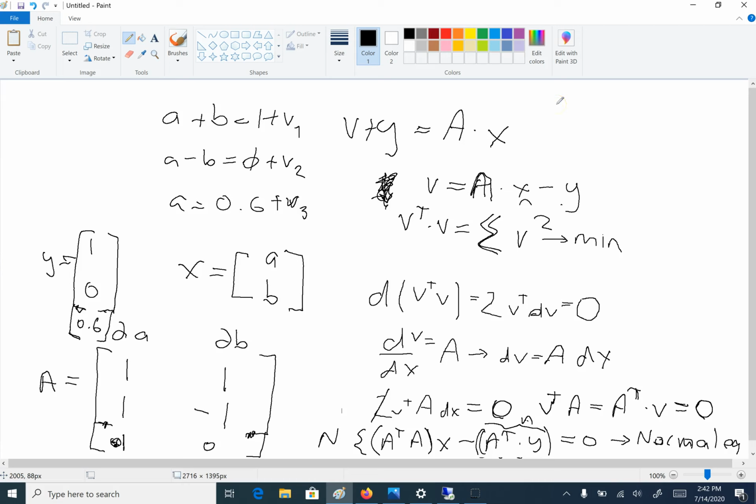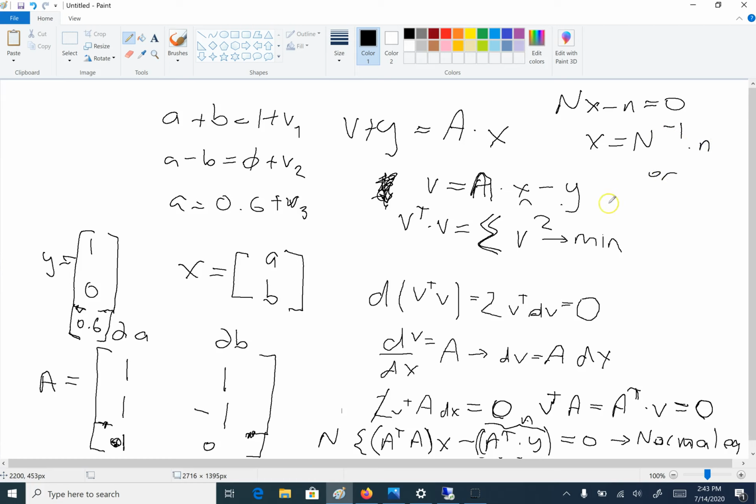So from that we get N times x minus n is equal to 0, or the solution is x equals N inverse times little n.